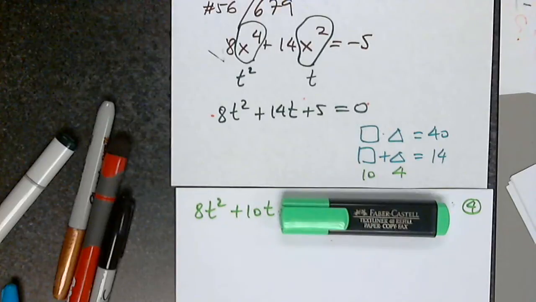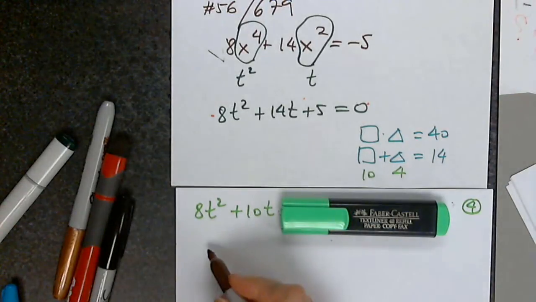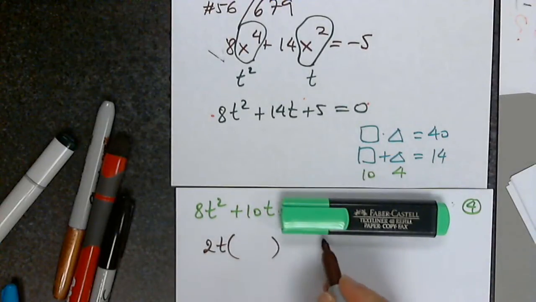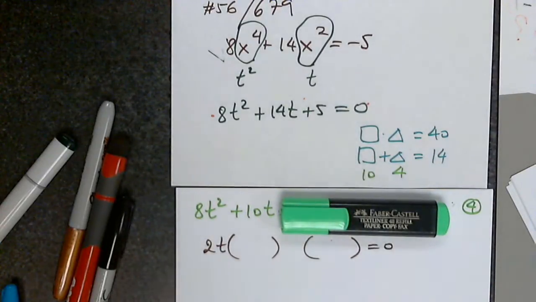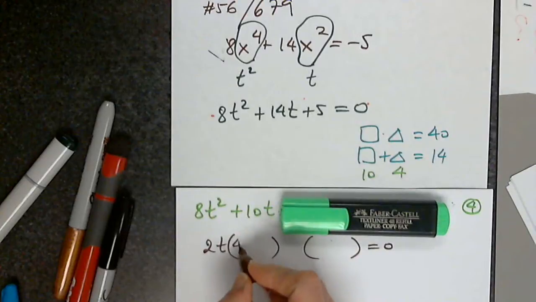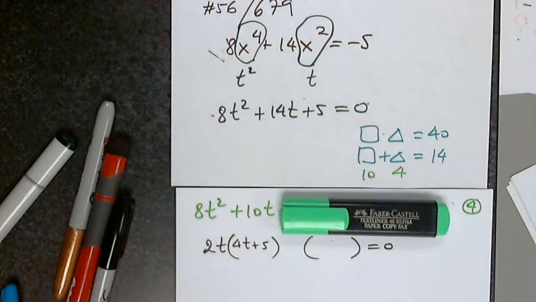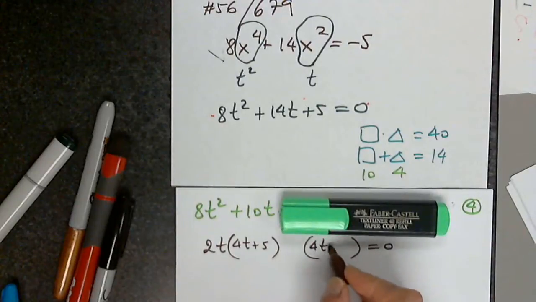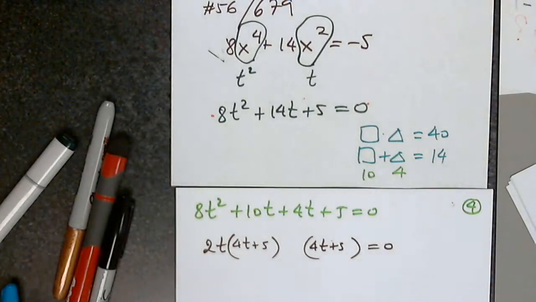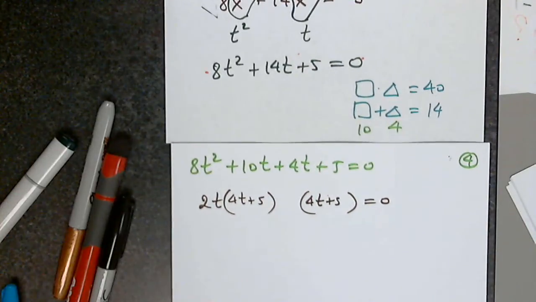And now from the first two terms, I will factor out, very good, 2t, and I have in parentheses 4t plus 5. What do I have to get from the other two? 4t plus 5. And I need sign and number, or sign and factor.